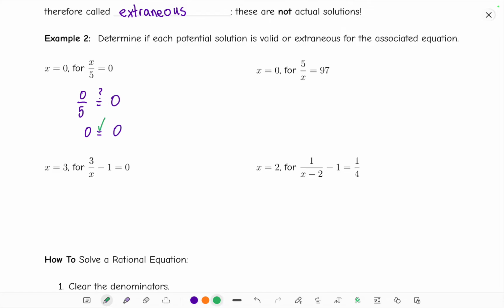So this one is a solution. x equals 0 for 5 over x equals 97. Well, 5 over 0, does that equal 97? Well, 5 over 0 is undefined, so that does not equal 97. So here is an extraneous solution.